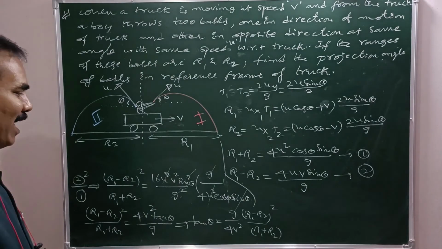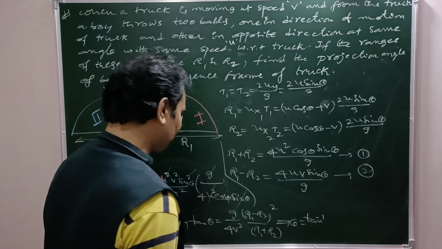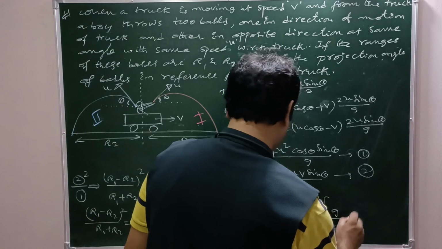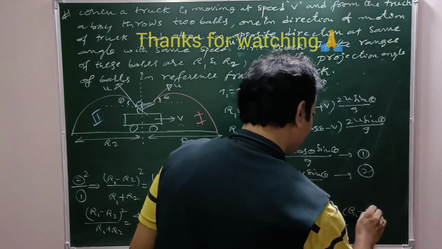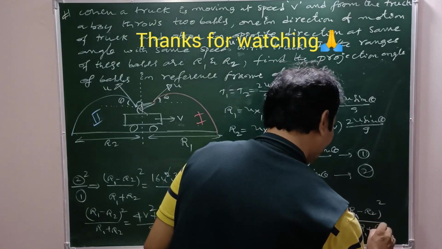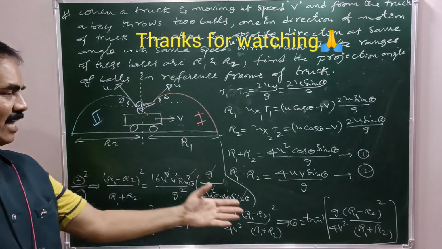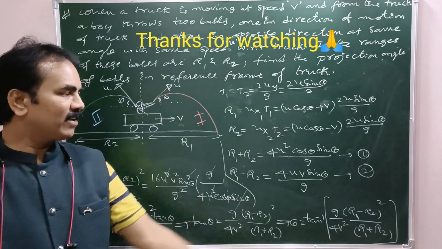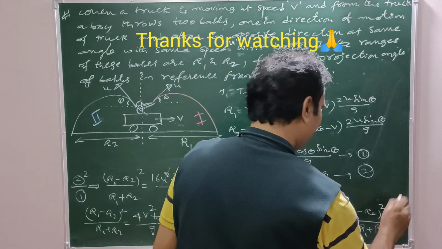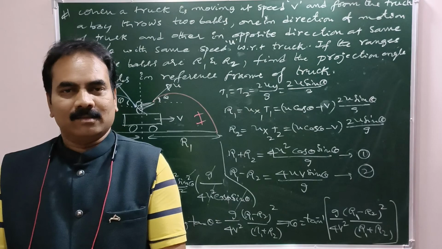So theta equals tan inverse of g by 4v square into R1 minus R2 whole square by R1 plus R2. This is the angle of projection for both balls. Right? So, okay friends. Thanks for watching.